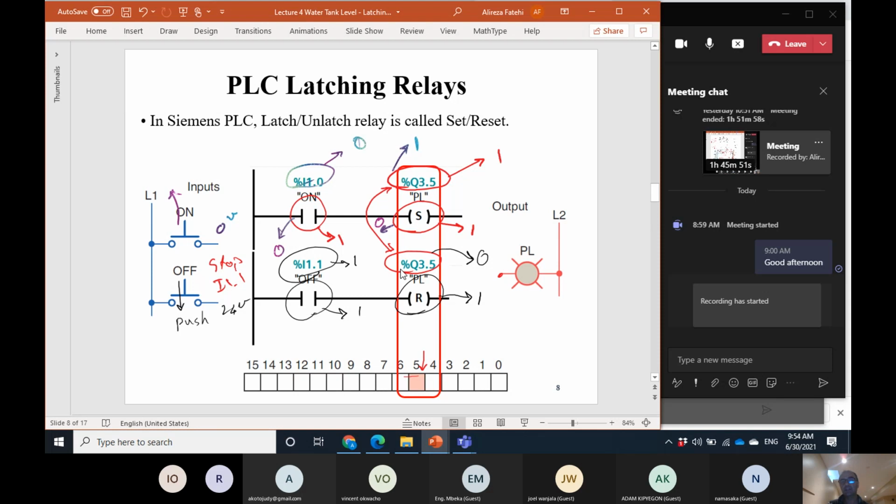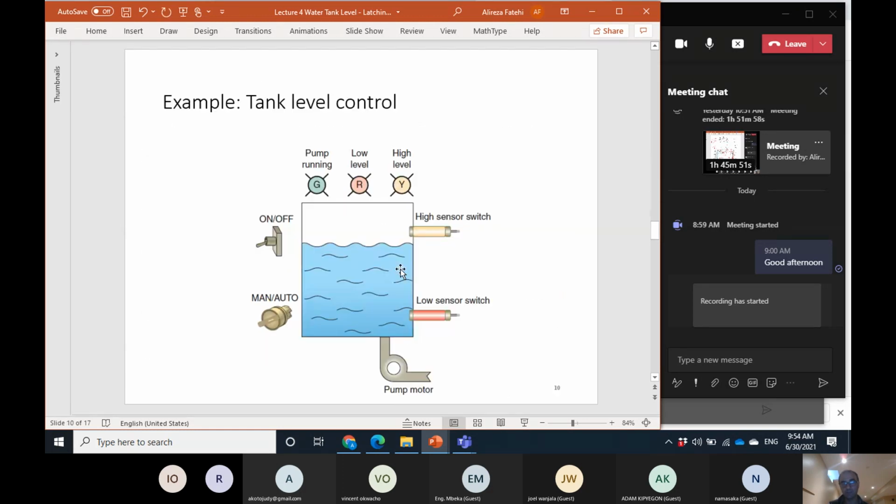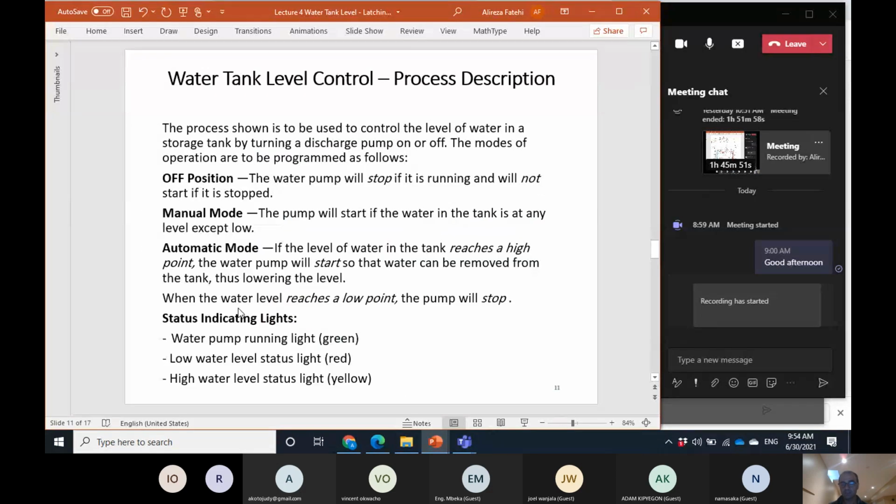We can use this set reset to implement the necessary logic for the water tank. So let's again look at that. This is the process, and the process description is here. This is something I have already explained: in the off position, the water pump will stop if it is running and will not start if it is stopped.